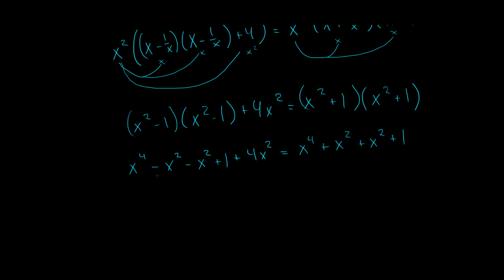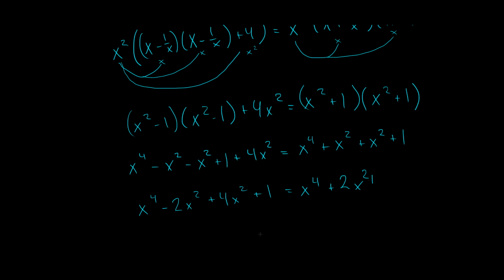Okay, so now let's combine like terms, right? We have x to the 4th, and now we have minus x squared, so that's going to be minus 2x squared plus 4x squared, and then plus 1 equals x to the 4th plus 2x squared, and then plus 1.